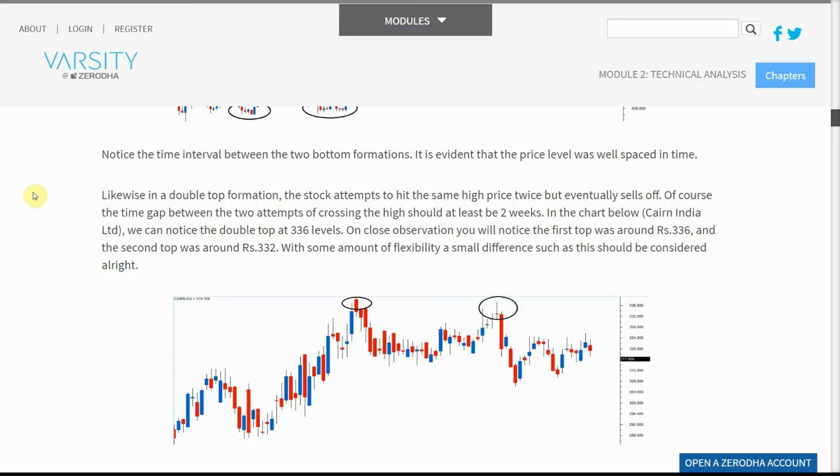In the chart below, Cairn India Limited, we can notice the double top at 336 levels. On close observation, you will notice the first top was around 336 rupees, and the second top was around 332 rupees. With some amount of flexibility, a small difference such as this should be considered alright.